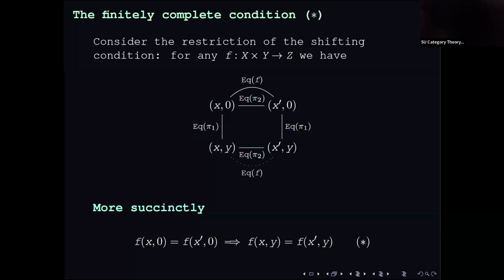So now, going back to the commutativity of finite products with co-equalizers, I want to visualize a certain property as a variation of the shifting lemma, which I mentioned earlier. And that property is given here by star. So given any morphism f from x cross y into z, if f of (x, 0) is equal to f of (x', 0), then you can add a y and the equality still holds.